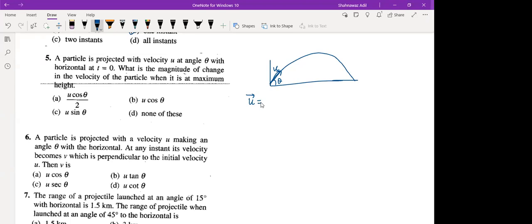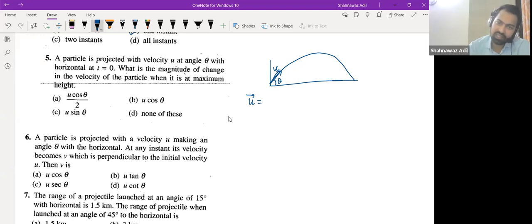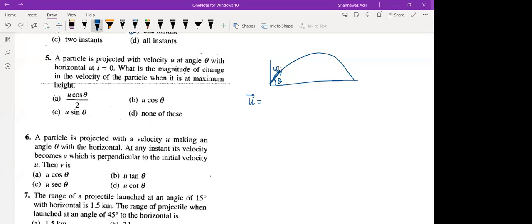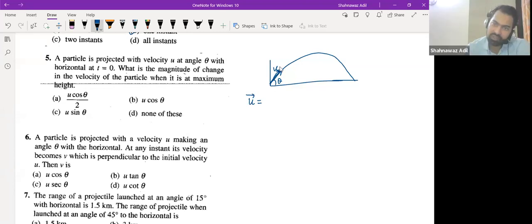Sir, please can you explain again? I didn't understand. Yeah, so the question is that the particle is projected with u velocity. This is the magnitude, right? So I am asking what is the velocity in the vector form?